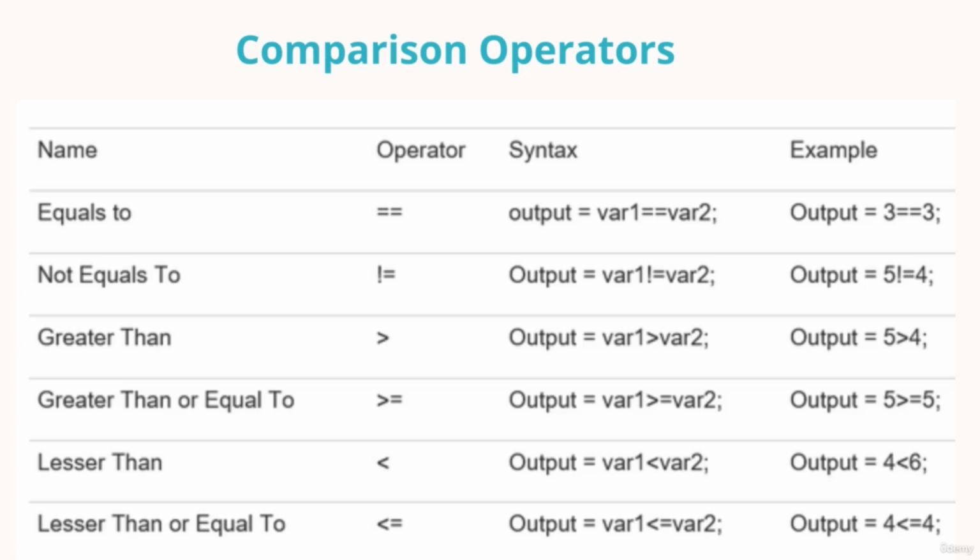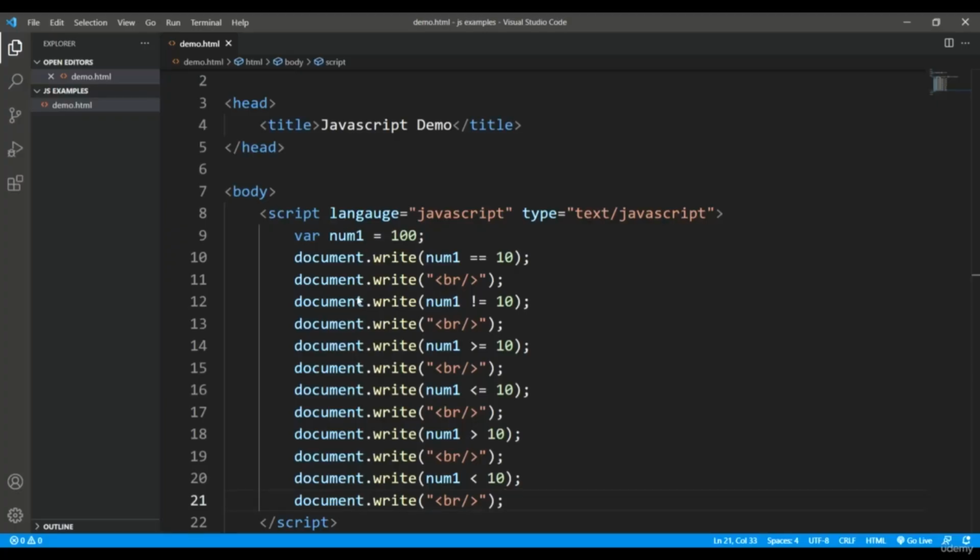So let's see practically how we can start implementing these operators. For implementing the comparison operators, I have simply taken a variable and, using the assignment operator, assigned a value of 100. It's a fixed value, and now I have used all the comparison operators: double equals to for comparing the equality, not equals to, greater than equal to, less than equal to, greater than, and less than.